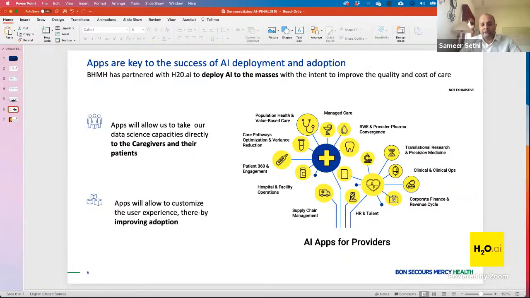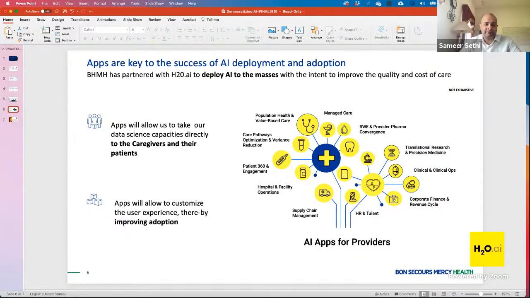H2O will not only bring us the platform where we will do our data science, but it will also help us democratize our AI capabilities through the building of apps and the app stores and a few other features that she talked about today. We at BSMH are truly excited about this opportunity.